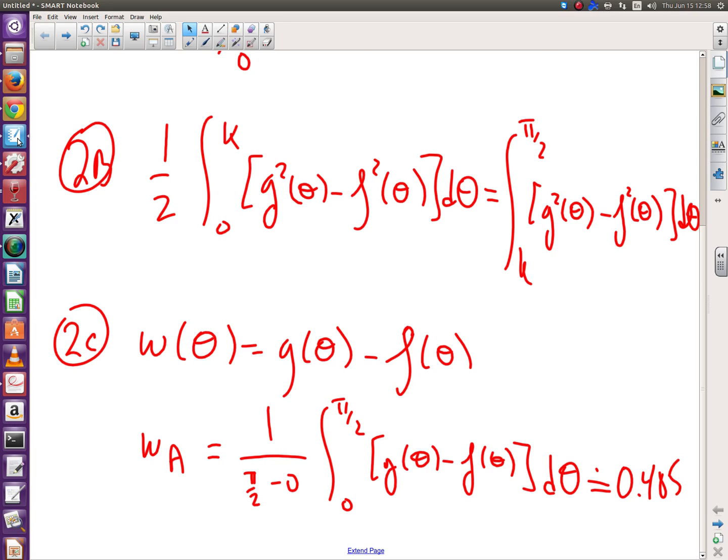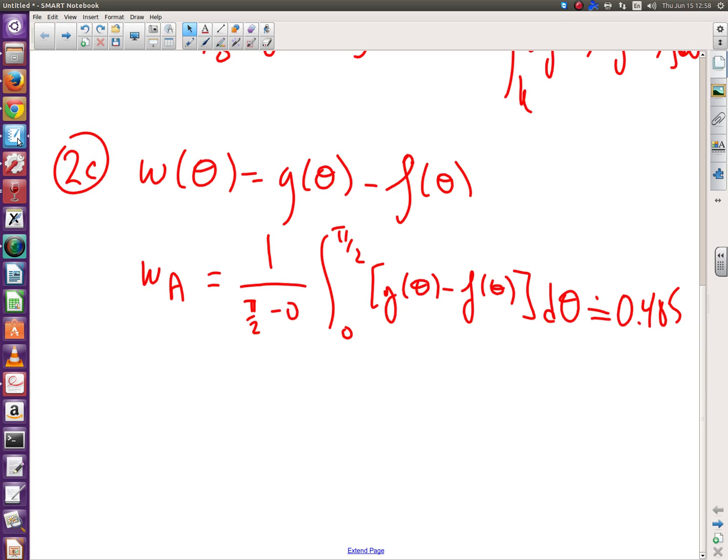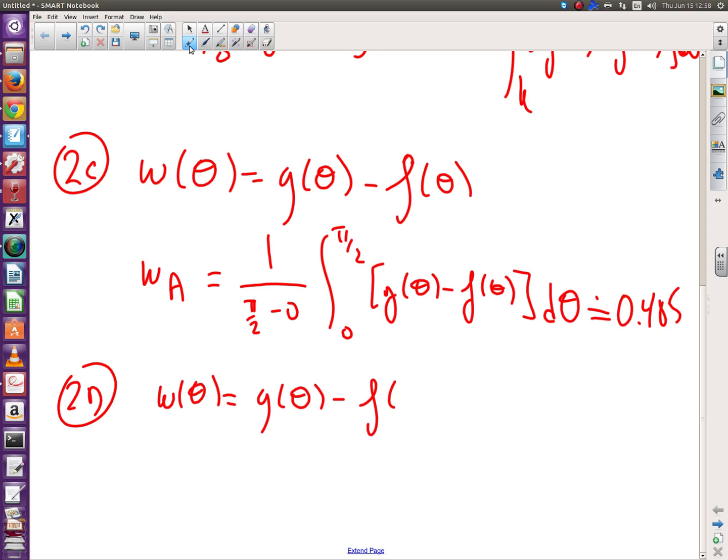Let's see. Okay, so I'm going to say 2D. When is W equal to that? I'm going to say when is W, which is equal to G of theta minus F of theta, equal to that, and I'm going to write out that we used 0.485446. Okay, and then what's W prime? Well, wait, hang on.